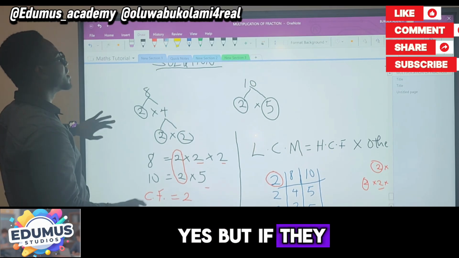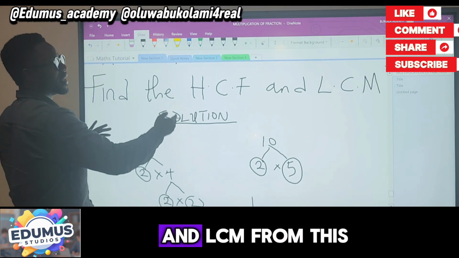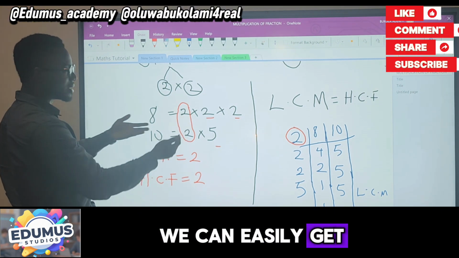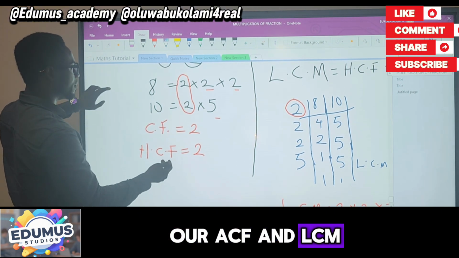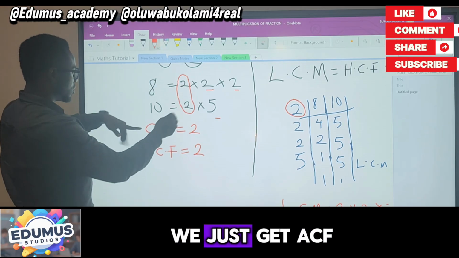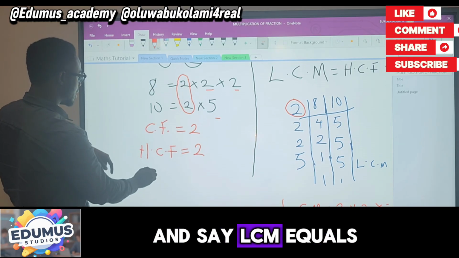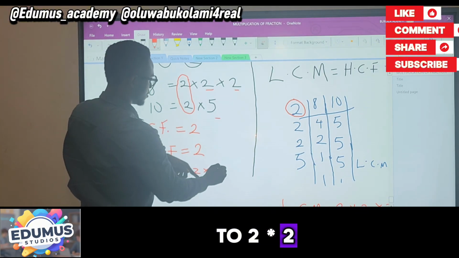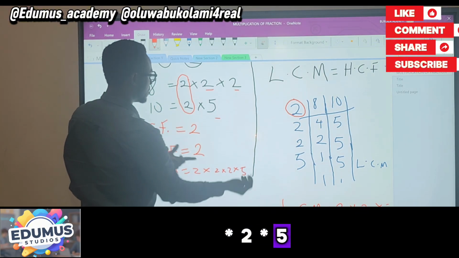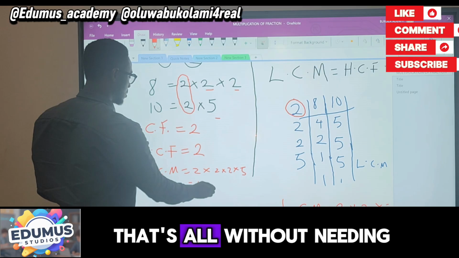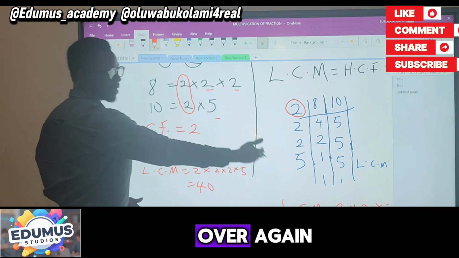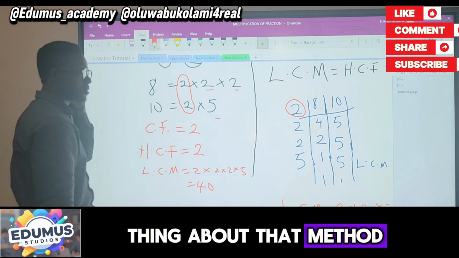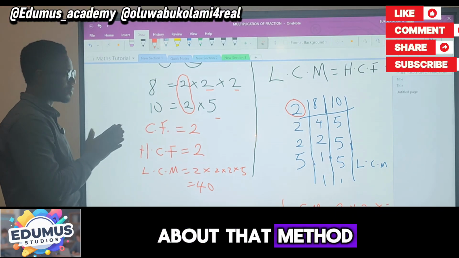But if they say find the HCF and LCM, from this point we can easily get our HCF and LCM. If we use this method, we just get HCF and say LCM equals 2 times 2 times 2 times 5. That's all, without needing to start all over again. So that's the interesting thing about that method.